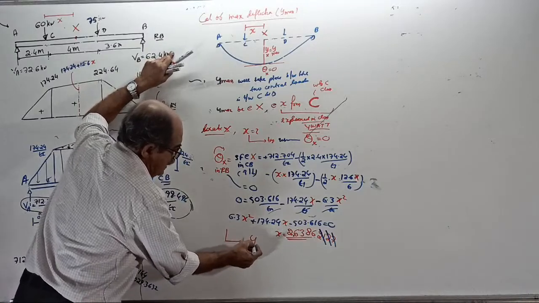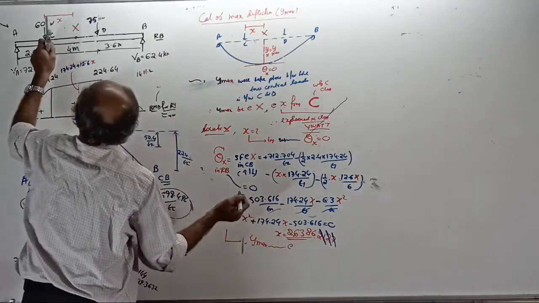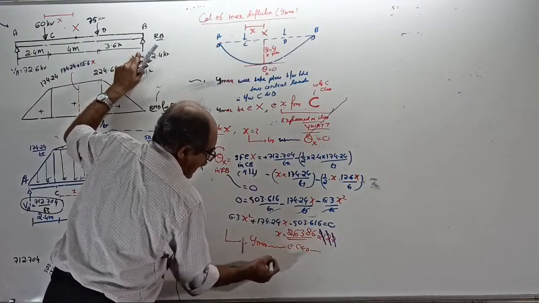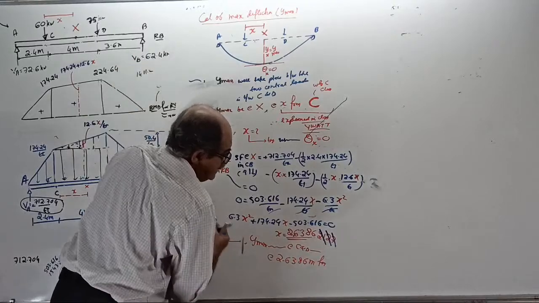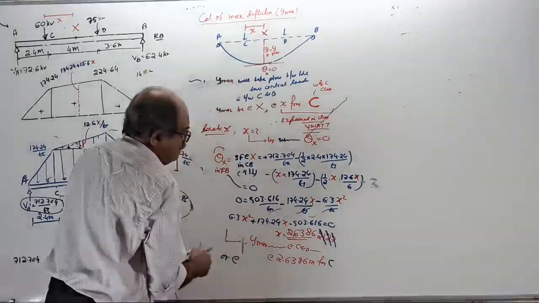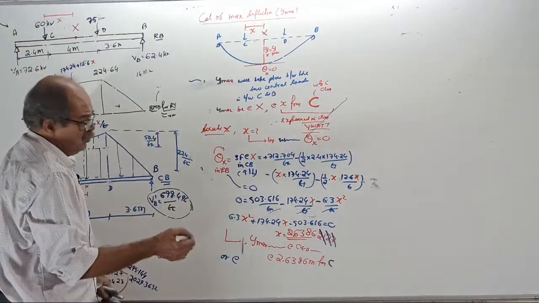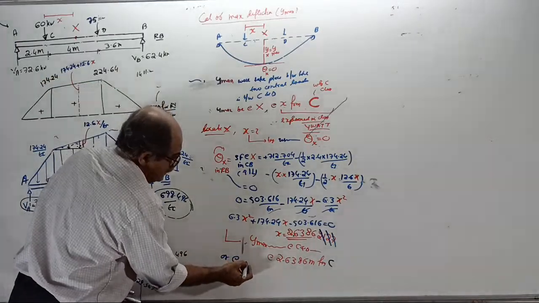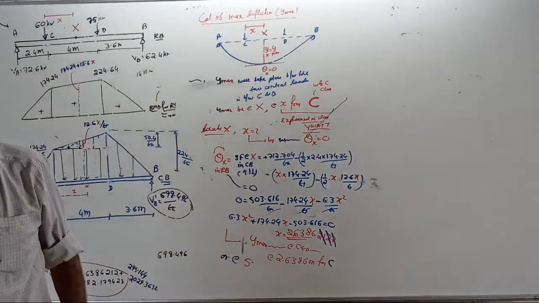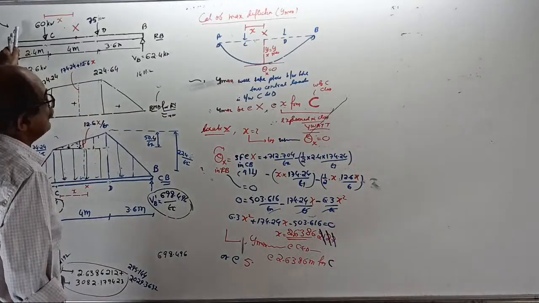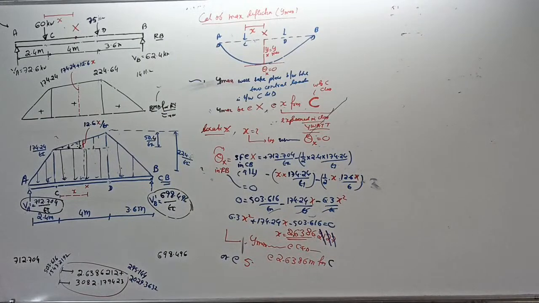Therefore, y max will take place at a point between C and D, at 2.6386 meter from C. Or, if the reference from A is required, add 2.4 to that number.